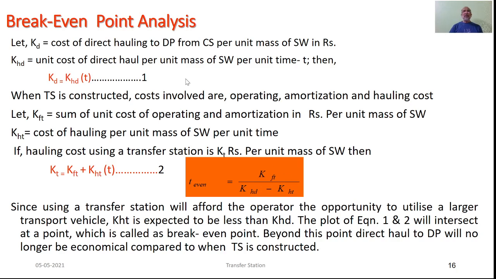The plot of these equations 1 and 2 will intersect at a point which is the break-even point, the way it was presented on our earlier slide. Beyond this point, direct haul to the destination point will no longer be economical compared to when the transfer station is constructed.